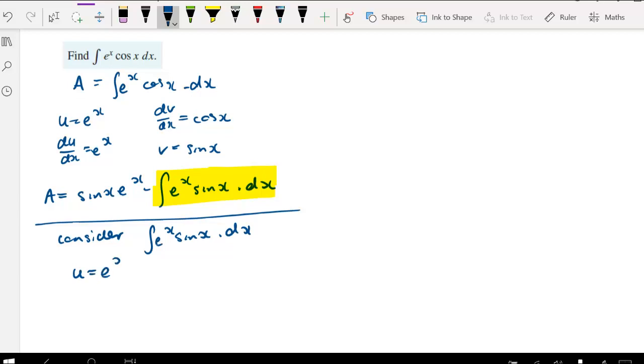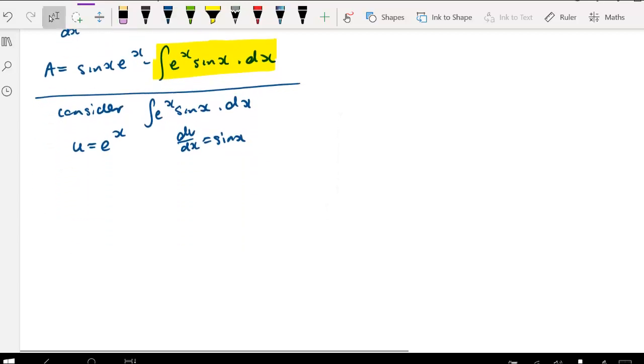Now u is e to the x, dv dx is equal to sine x. And from there we can say du dx is e to the x, and v is equal to negative cos x.